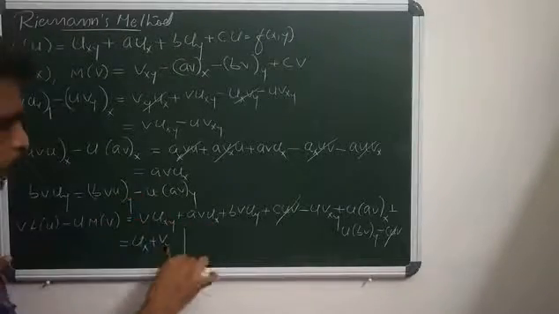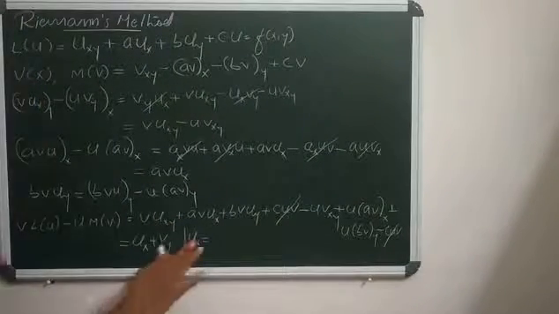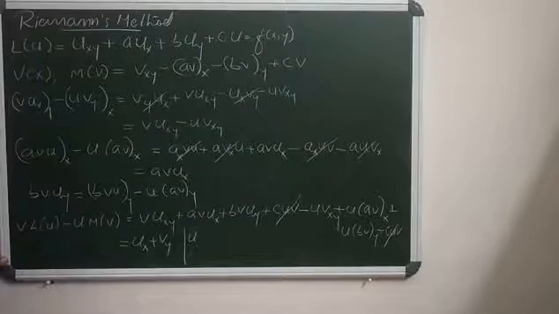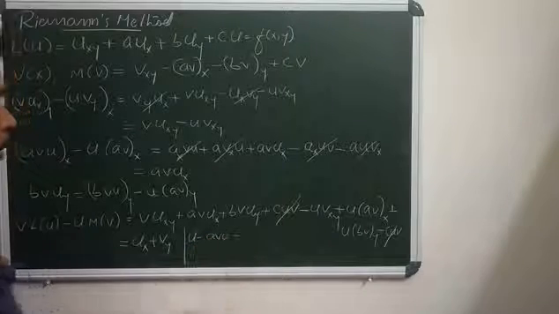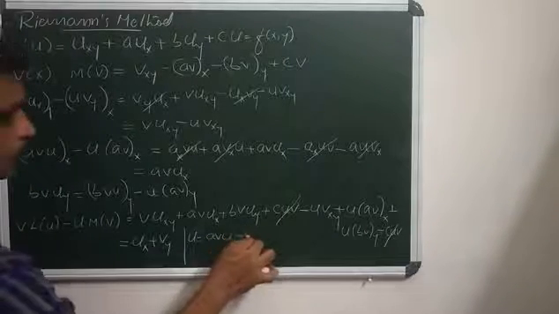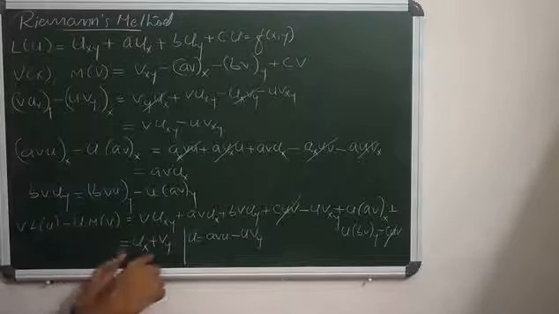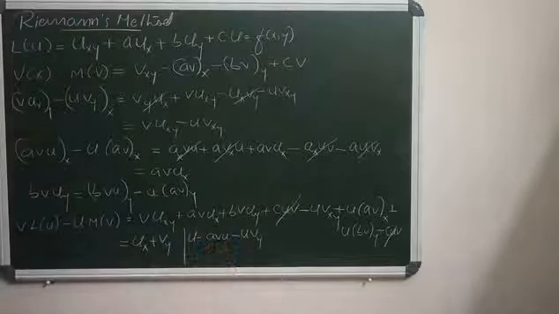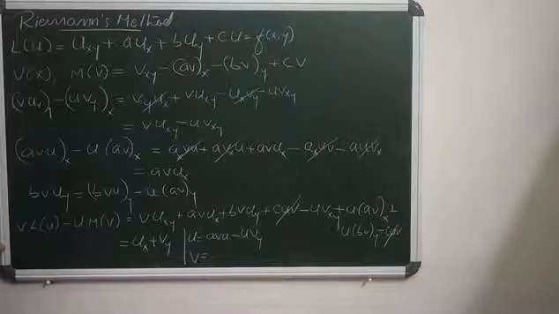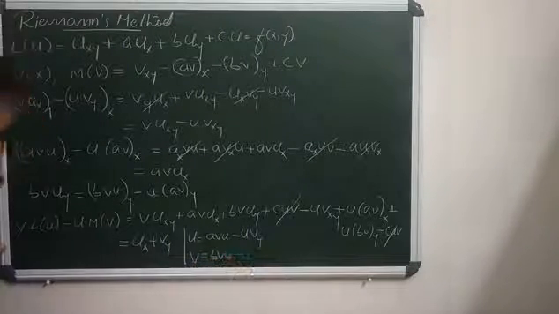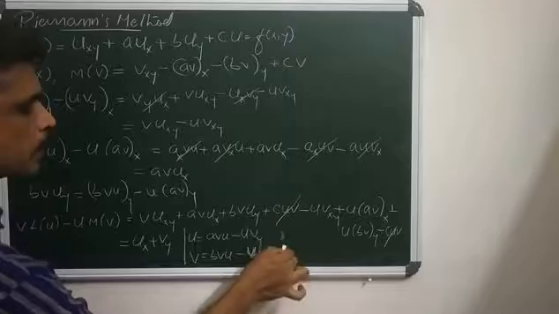After rearranging, you have U_x plus V_y, where U equals a u v plus (v u_y minus u v_y), and V equals b u v minus v u_x.